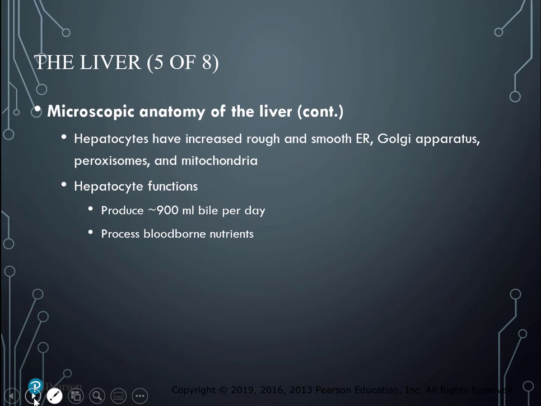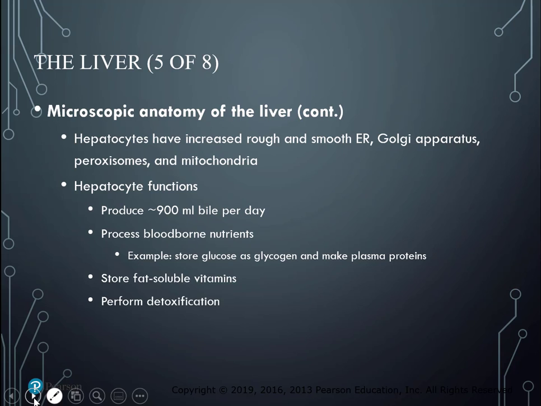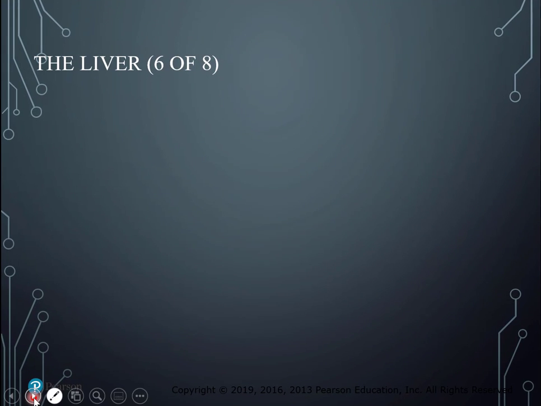It processes blood-borne nutrients, such as glucose being converted to glycogen, and makes plasma protein. The liver is a very metabolic organ. It stores fat-soluble vitamins and performs detoxification, for example converting ammonia to urea. These are only some examples of what the liver can do, and we are going to discuss it in the next chapter on nutrition.